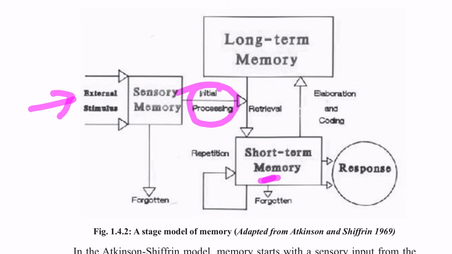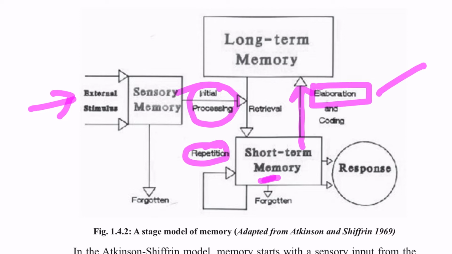In short term memory, if repetition is done, the information remains there and can go to long term memory. This happens because of elaboration, where you give meaning to the information based on your previous experiences. Then coding converts it into a certain form so it can be stored in long term memory.